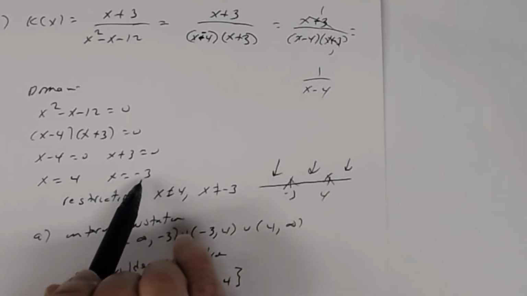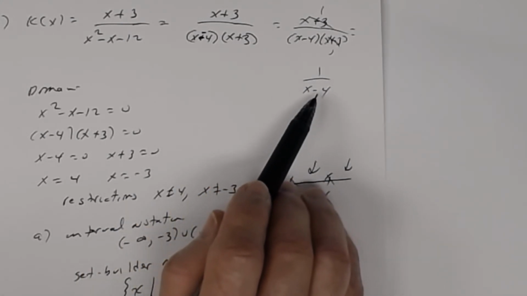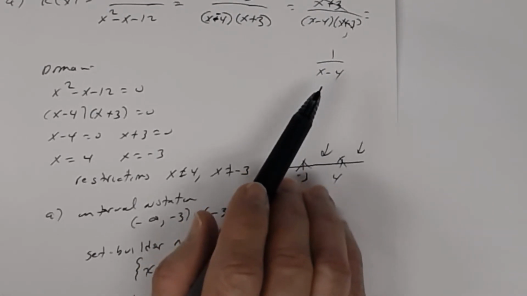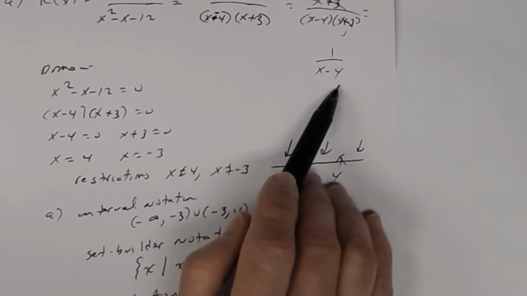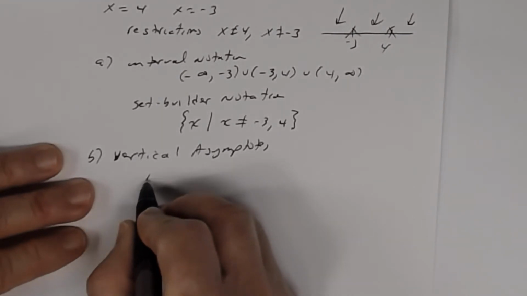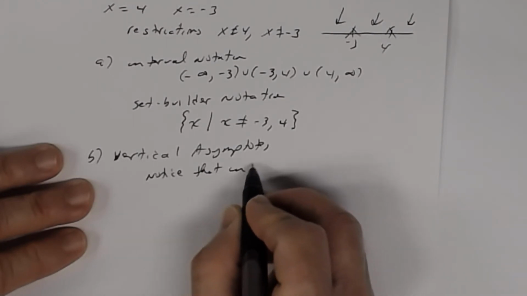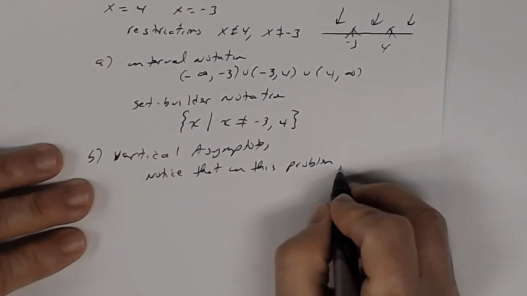So see this right here, x equal -3? That's not part of this anymore. So my vertical asymptote is only going to occur here. So let me write that down. So notice that in this problem, I reduced.